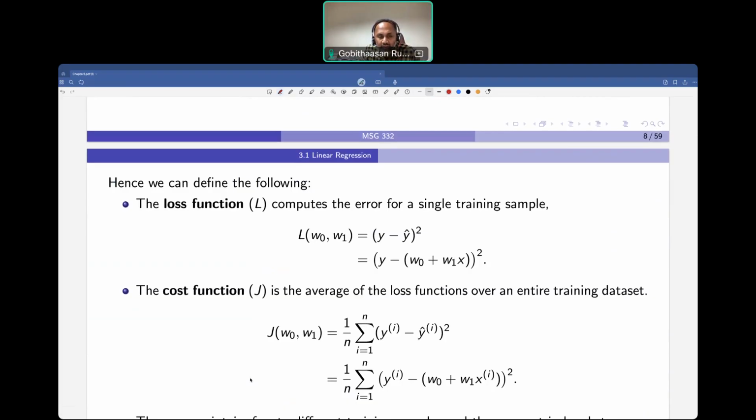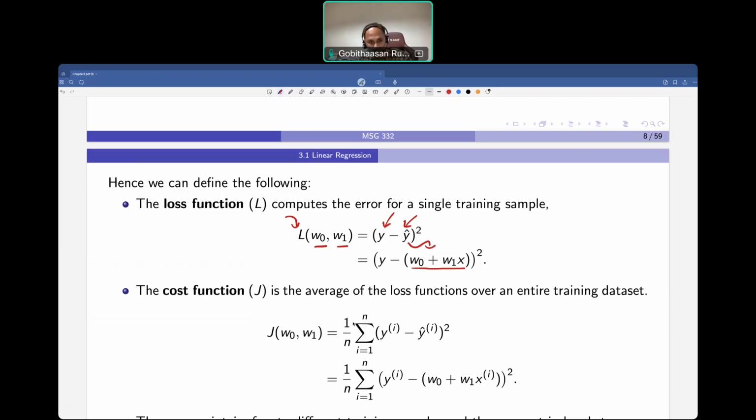L is the loss function with the two arguments W0 and W1. So basically, it's the sum of (Y minus Y hat) squared. Y is the real number, the original data set, and Y hat is the predicted value which falls on the line, and it's squared. Y hat, in fact, is the equation that we are trying to fit.